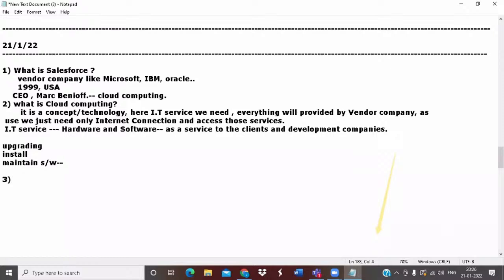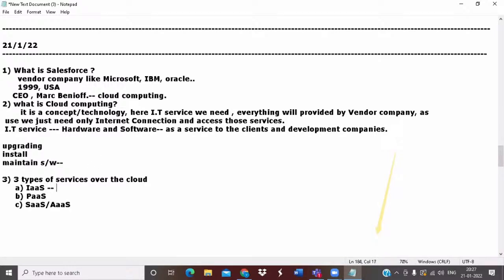Now let us start today's session, guys. What kind of services does a vendor company provide to the clients and development companies? A vendor company basically provides 3 types of services over the cloud. The first service is called IAAS, the second is PAAS, and the third is SAAS.